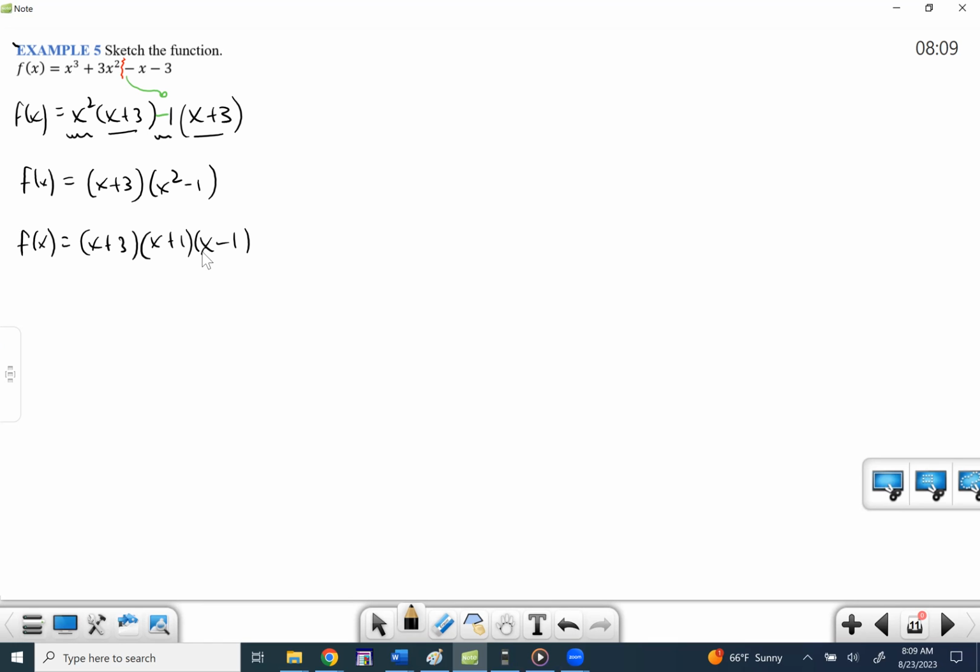Okay. So number 1, we want to get the leading term, right? So the leading term was an x cubed. So the leading coefficient is 1. Since it's positive, that implies that the right is going to go up.